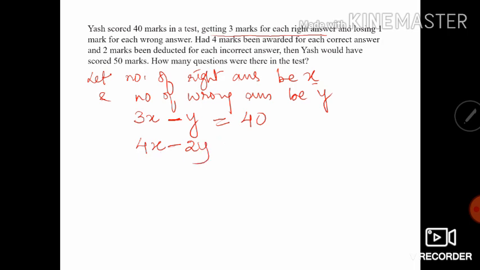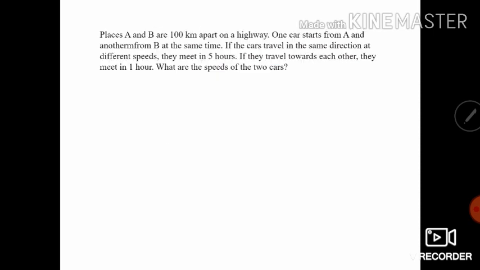So 4x minus 2y equal to 50, as he would have scored 50. So these are your 2 equations. You can solve them by any method that you find convenient, cross multiplication or elimination. I leave it to you. Let's go to the next question.